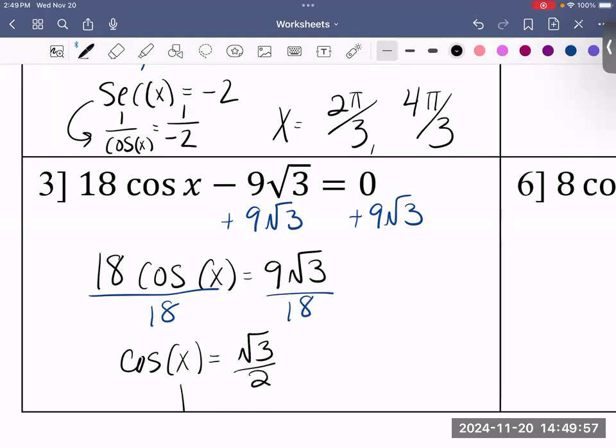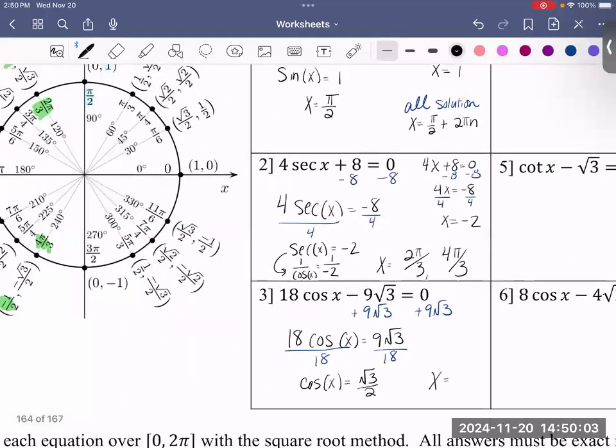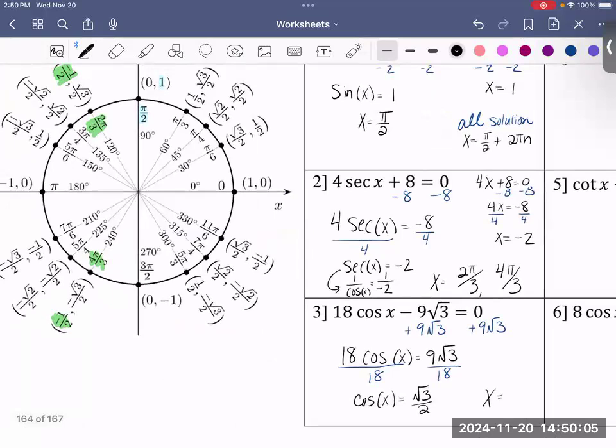So now let's figure out all of the values, all of your radians when cosine is root 3 over 2, and a positive one at that. So this is at pi over 6, and again at 11 pi over 6.